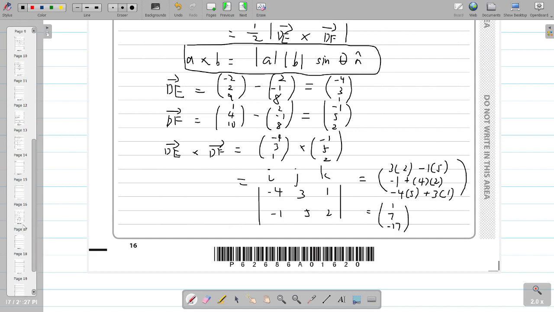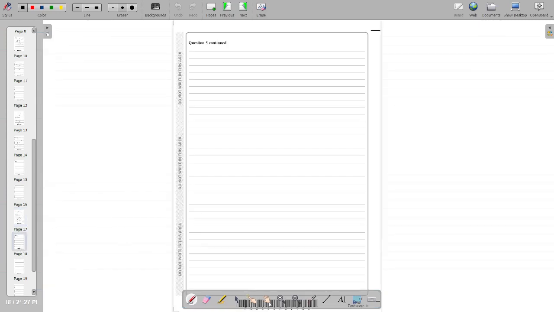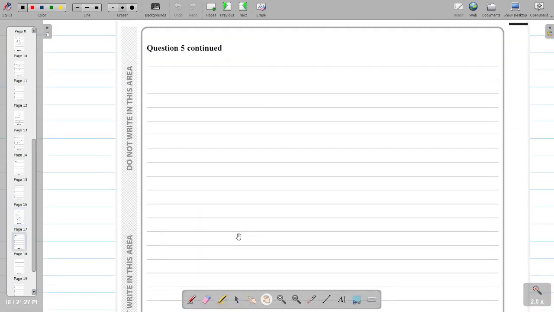Right, so we're going to have to consider this as a separate page because this one is actually quite long. So the magnitude of this cross product, recall back to the previous, is, so let's see. We're going to use a calculator to solve this because it'll save time.